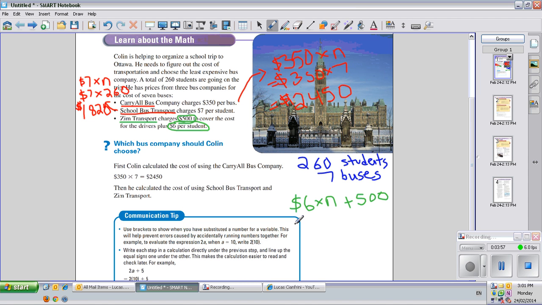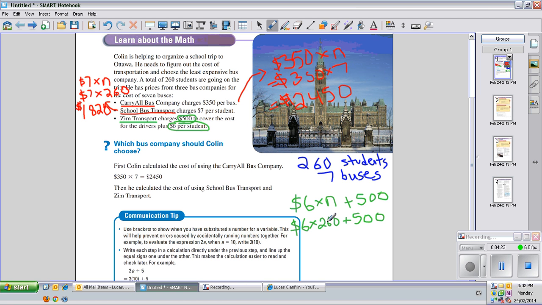Now if we carry out our math, $6 multiplied by the number of students, which is 260, plus the $500 for the bus drivers. Now we will use BEDMAS to calculate. We will do multiplication first.